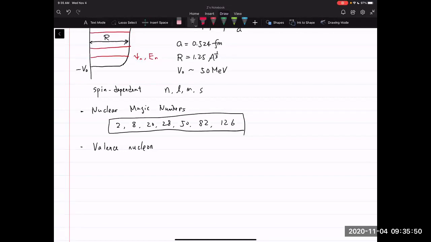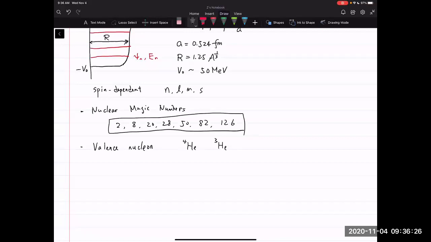But let's say we remove 1 neutron. That doesn't change its chemical properties much, almost nothing. If we remove 1 neutron, we get helium-3. I actually write it down here: helium-4 and helium-3. So in the case of helium-3, what is the valence nucleon? In this case, we're missing 1, right? We're missing 1 neutron. The valence nucleon is used to determine the nuclear properties.